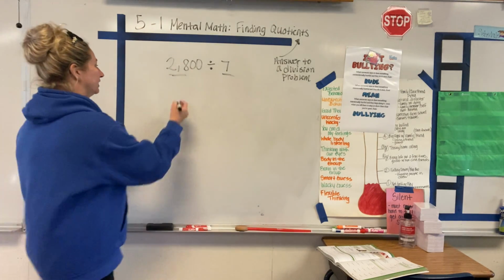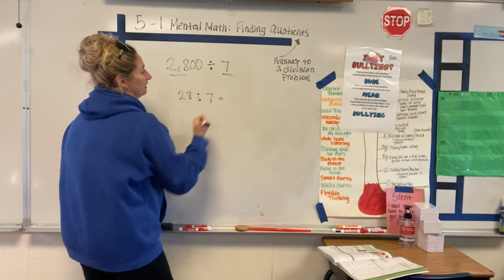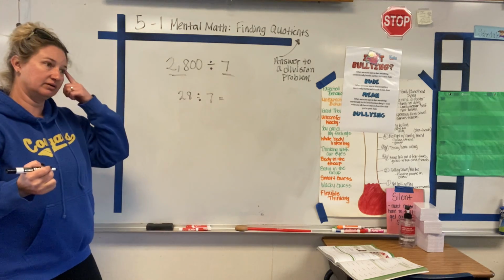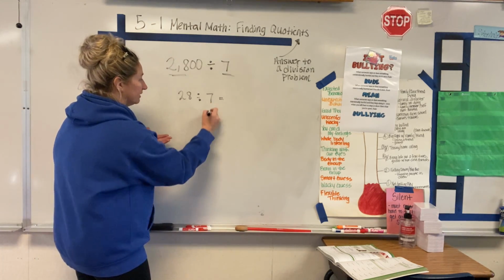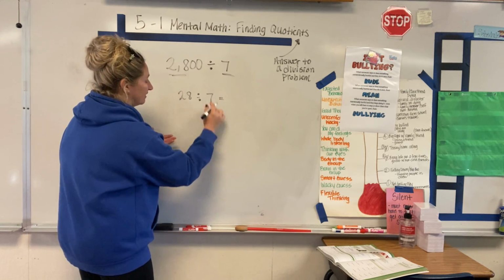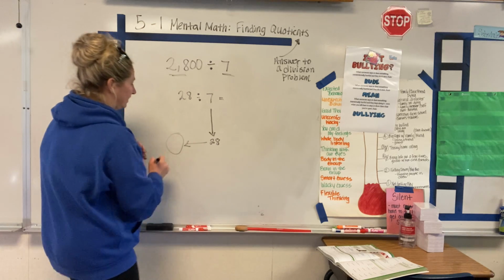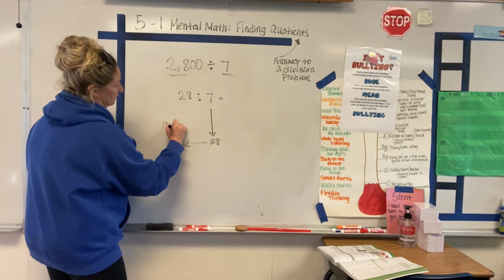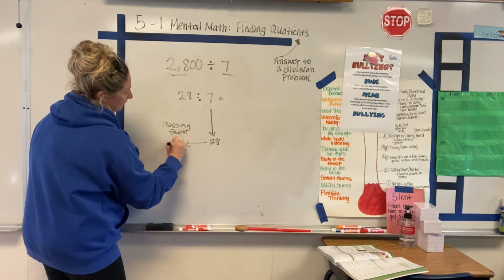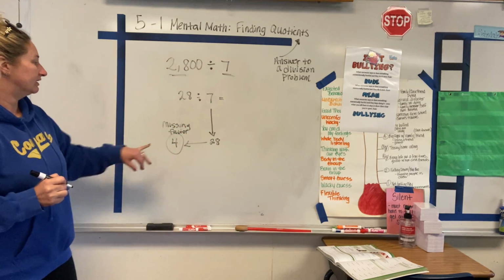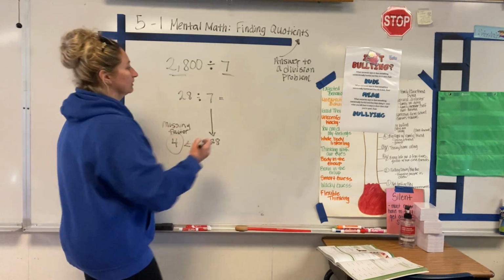So 28 divided by 7 equals, and if you look on your multiplication chart, find 7, go down to where you see 28, and then look over to find that missing factor, and that would be 4. Okay, because 7 times 4 is 28. So that equals 4.